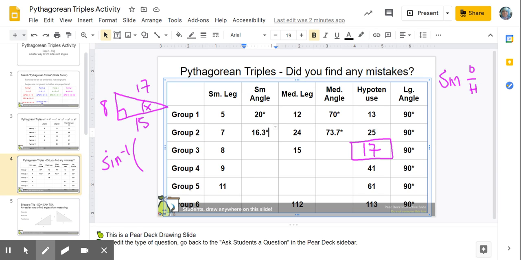So if my angle is 8 and 17, absolutely. So this is the O and this is the H. So 8 over 17. And what do we get when we do sine inverse or inverse sine? 28.9? 28.1. And what's my medium angle over here?